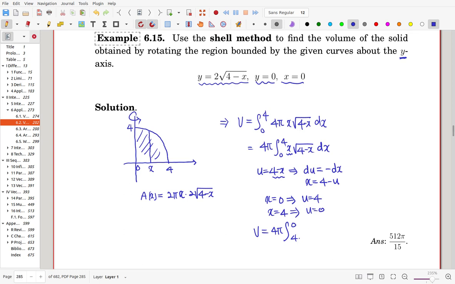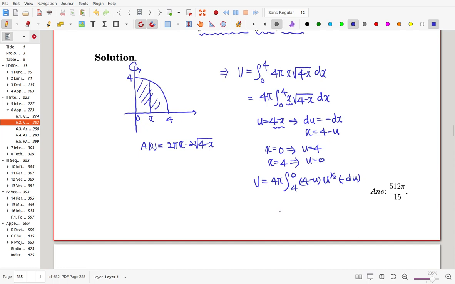Now x is 4 minus u, and the square root of 4 minus x is u to the half power, and dx is the same as minus du, right?